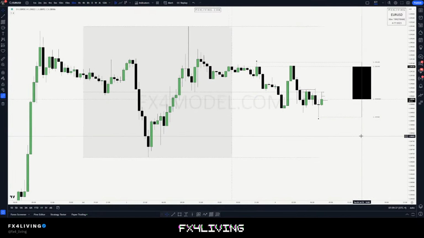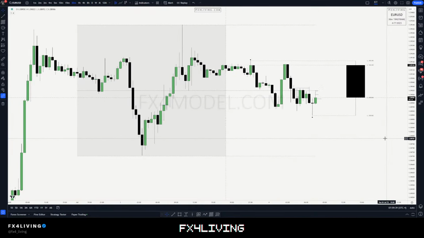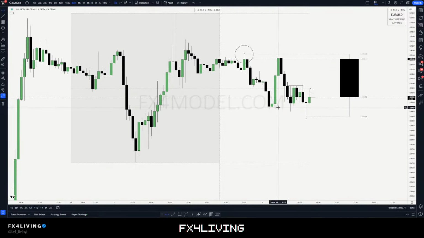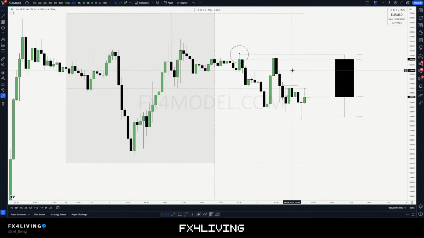It's not good. But I like this liquidity grab here. Not gonna lie, above this Asian range, this is kind of sexy actually. This is kind of violent too. Oh, that's London, alright.